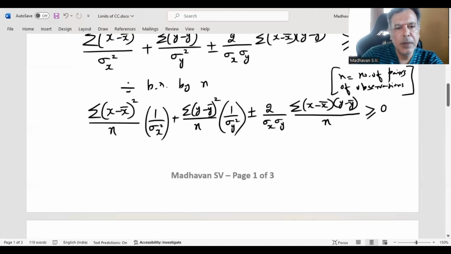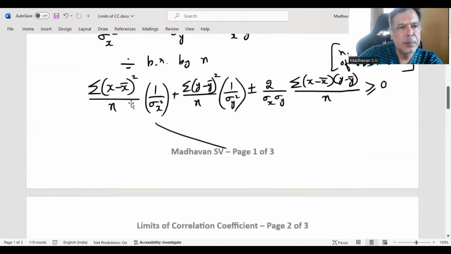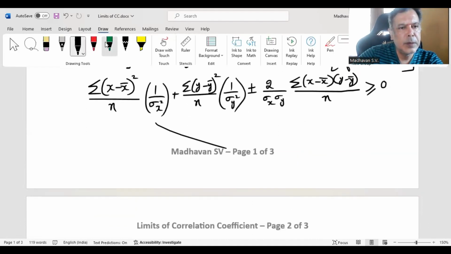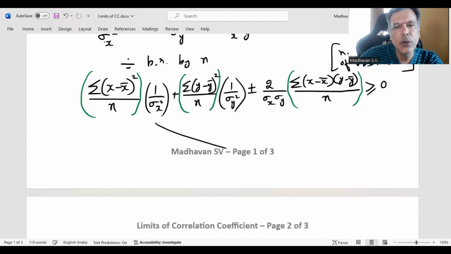Now, let me proceed to the next page. This term is nothing but the variance of x. This term is nothing but the variance of y. This term is nothing but the covariance of x and y.